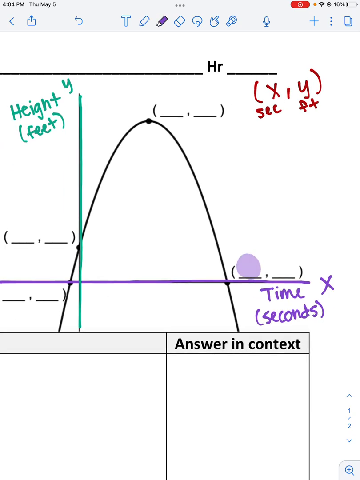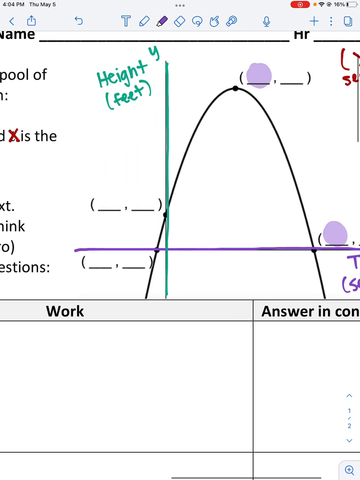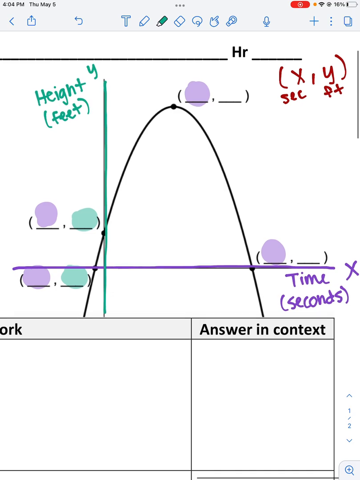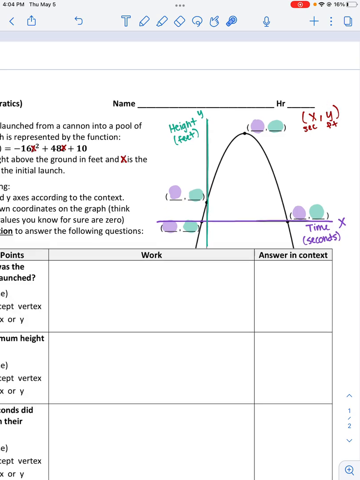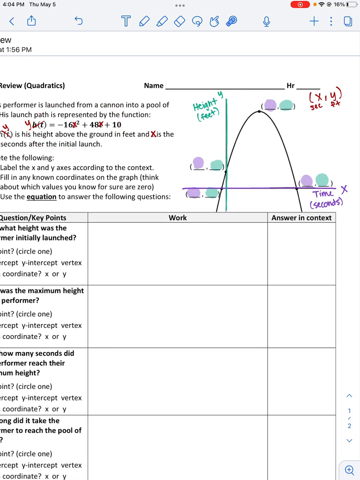So that's seconds in the x spot, and then feet would be in the y spot. So every xy pair along this graph is how many seconds and how many feet at that many seconds, based on this relationship defined by that equation there.